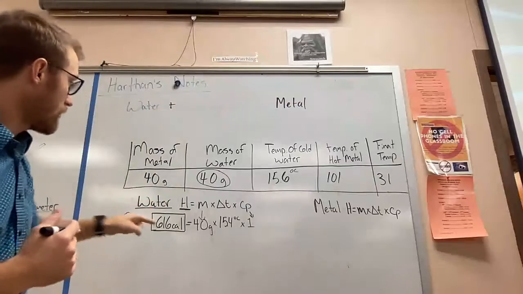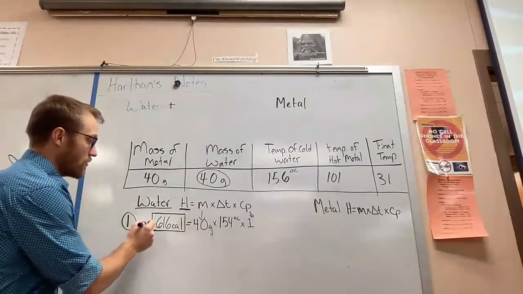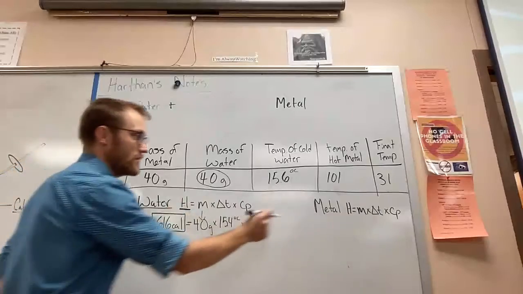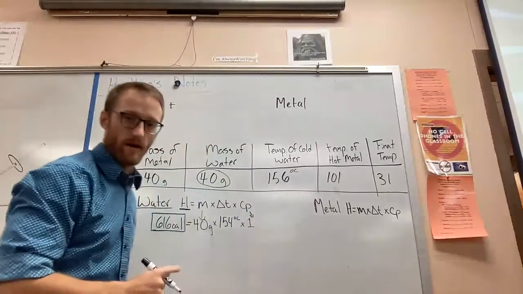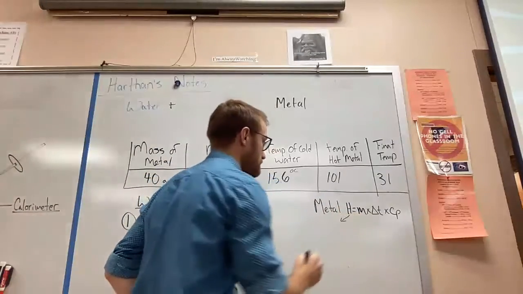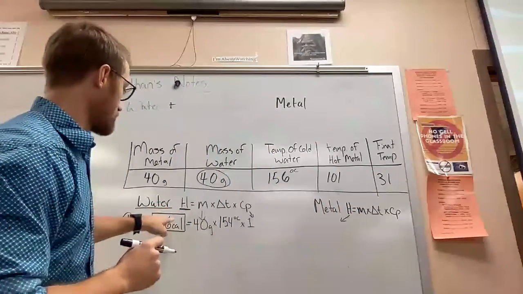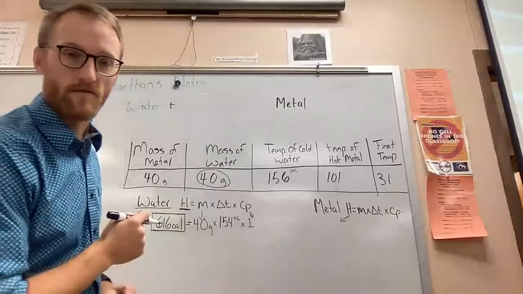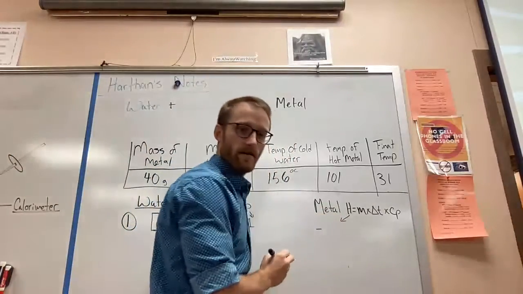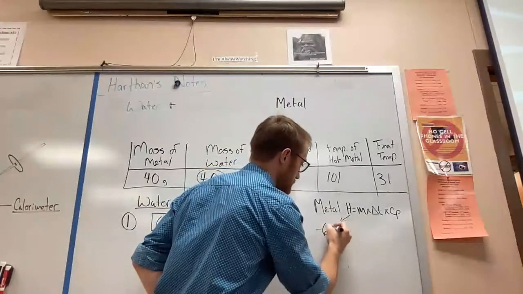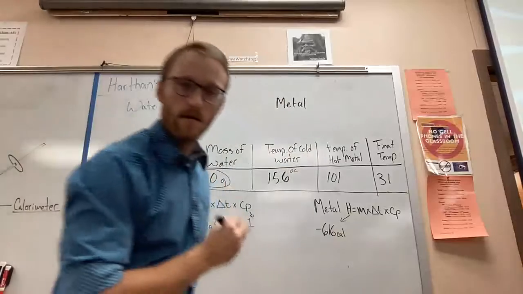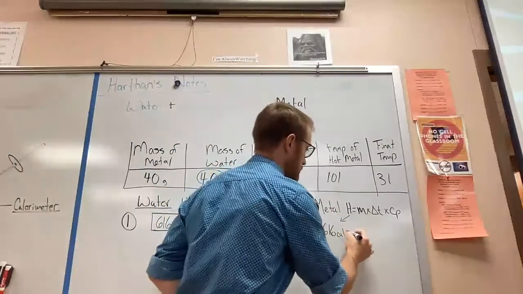Okay. So now, what that means is we can plug this number in for H over here with our metal. Okay. So now we just simply say, okay, well, if we know that the water gained 616 calories worth of energy, that must mean our metal lost, right? Negative, lost 616 calories worth of energy. Okay. Now, then we just simply do the same thing. Okay.